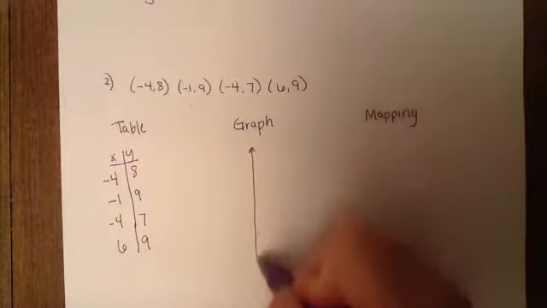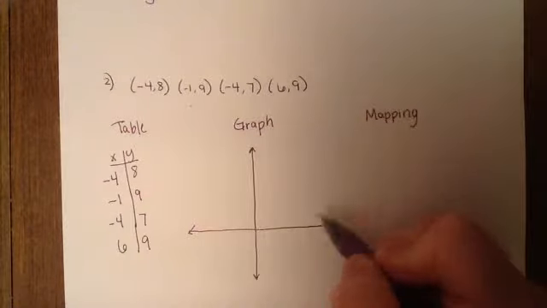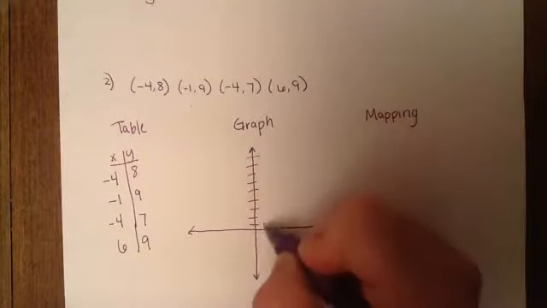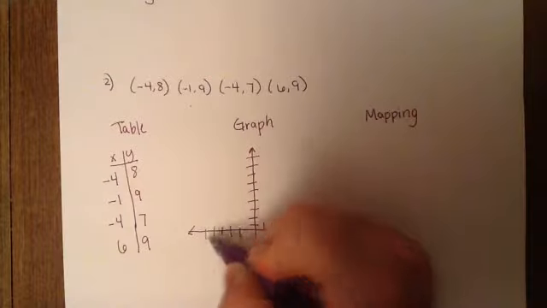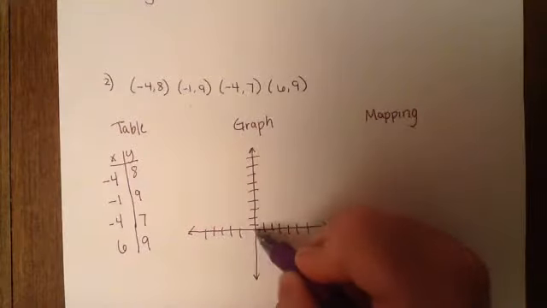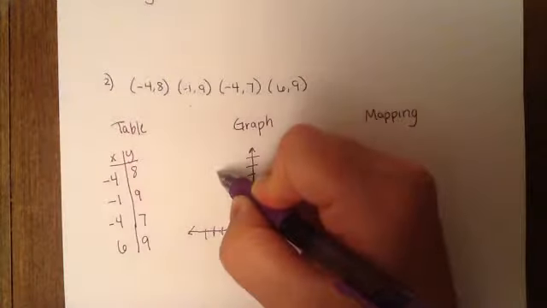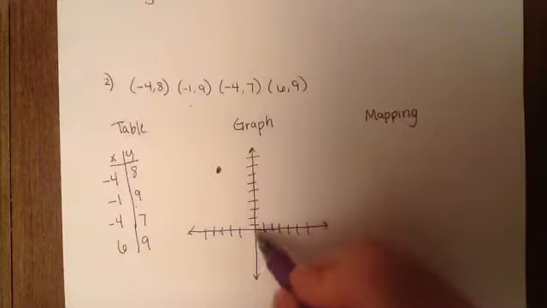When you graphed this, -4, so I go to the left, 1, 2, 3, 4, and then I'm going to go up 8, plot a point. But the next point, how do you plot this one?